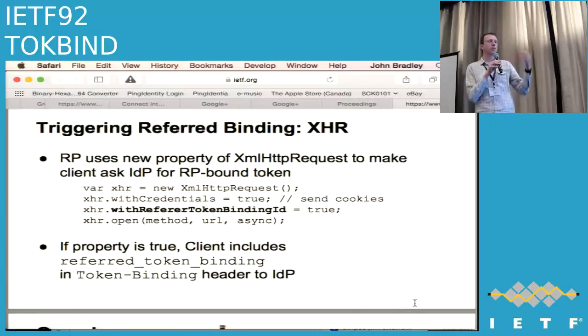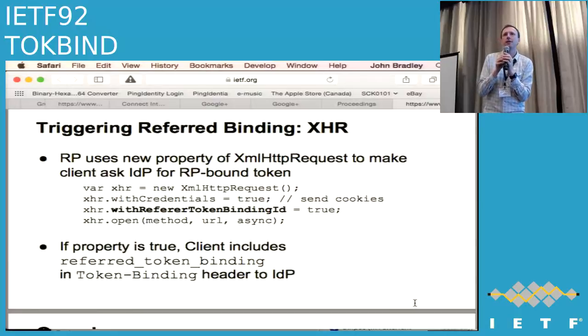And so one mechanism was through the HTTP redirect. But federation doesn't always happen through HTTP redirects. Sometimes they use XHRs, for example, where the relying party uses an XHR to trigger calls to the IDP. And so we include another mechanism here that I'll talk about in a moment.